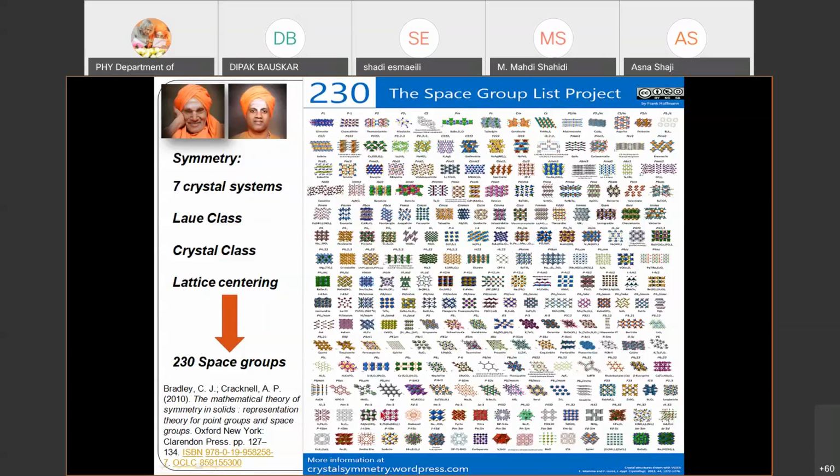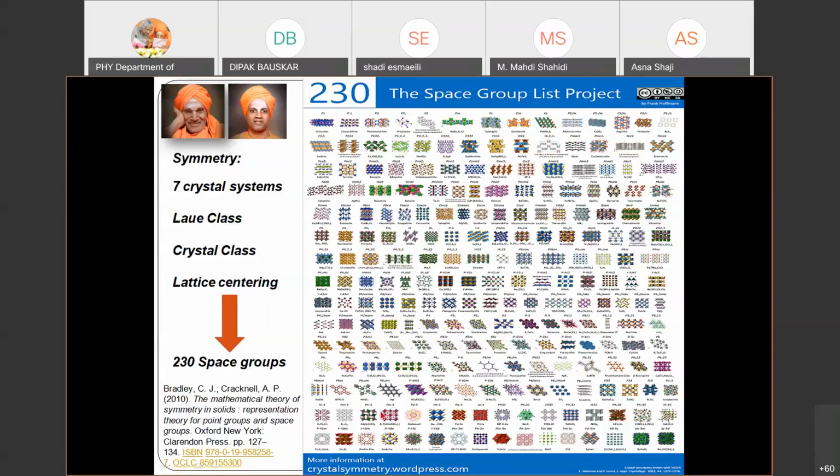If you go to this, you can see all these lists. I will go to the simple one, which is your cubic. I think the last one, from number 195. These are the numbers which are given based on your symmetry.